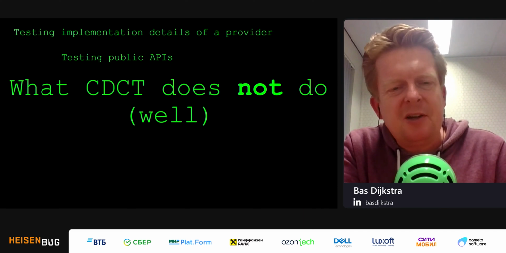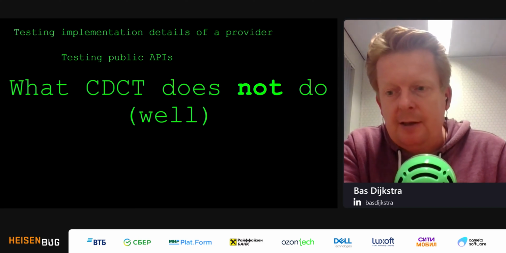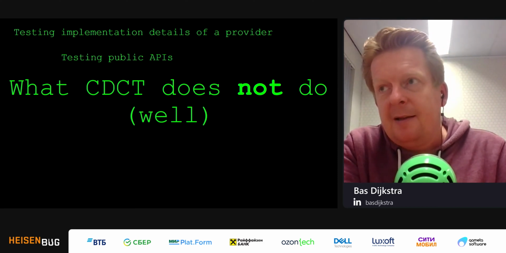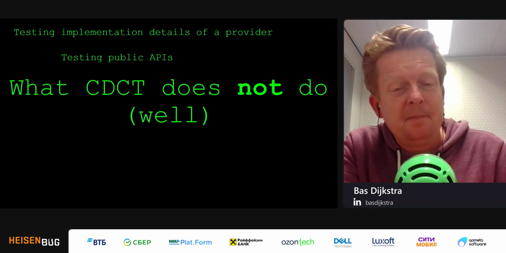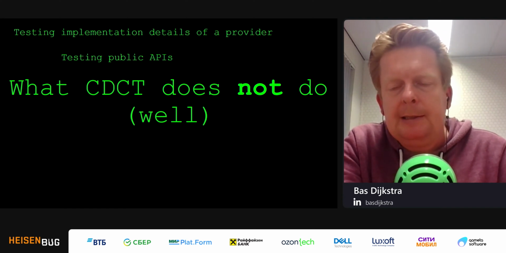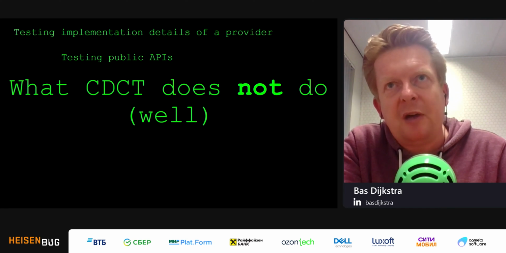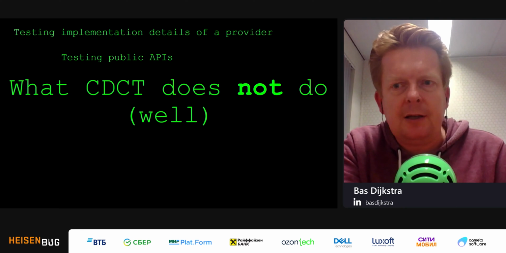It's also not really well suited for testing public APIs. First of all, for public APIs, you don't really know who your consumers are, because it's a public API. So it's probably really hard to have that discussion of let's implement consumer-driven contract testing.